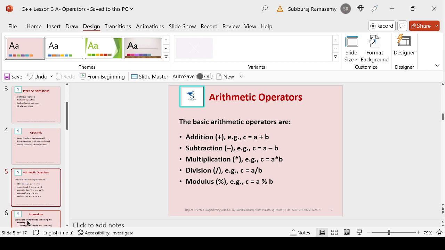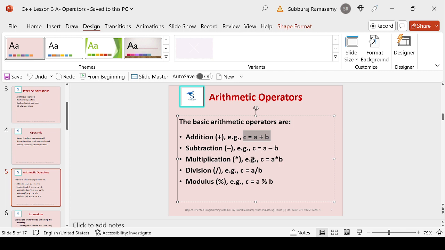I told you about the 5 basic arithmetic operators supported in standard C++. Addition: C is equal to A plus B, so C is equal to 8 plus 5. Subtraction: C is equal to 8 minus 5.